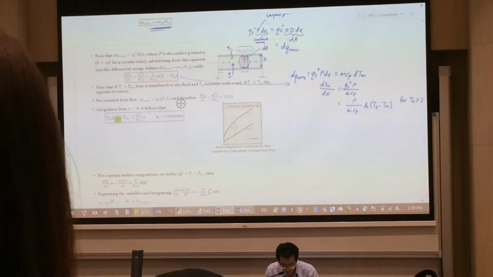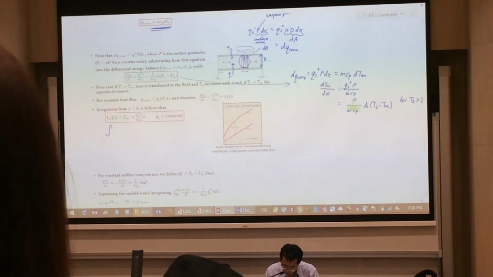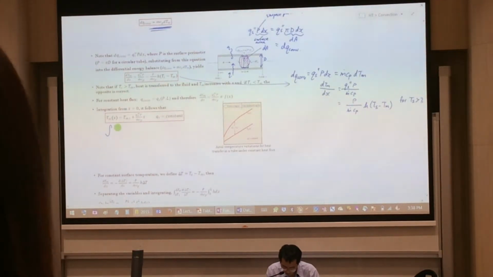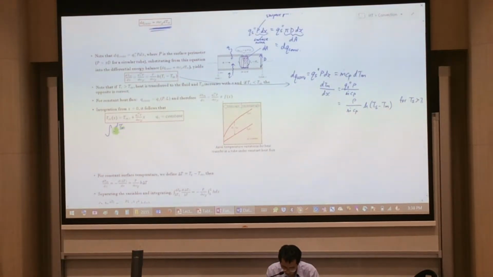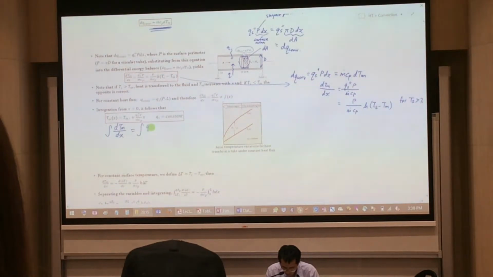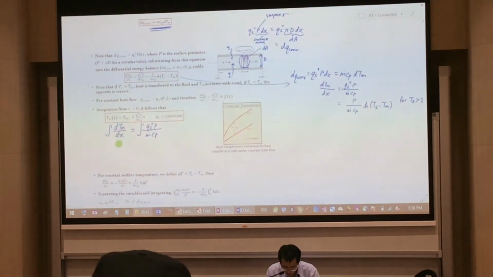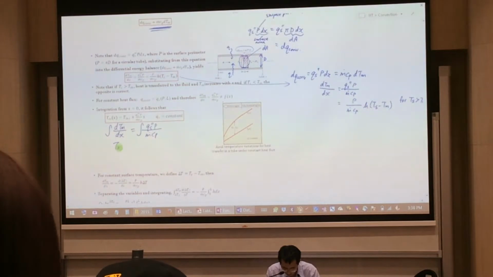I'm going to start by integrating this equation. Integrating dTm over dx equals integrating Qs double prime P divided by m dot Cp. Integrating dTm over dx, I'll get Tm(x).